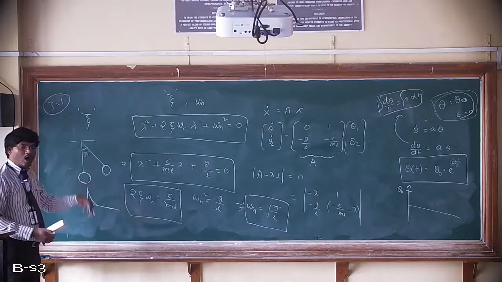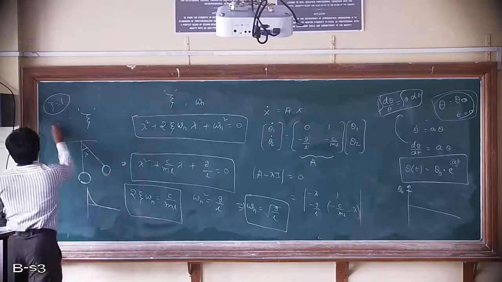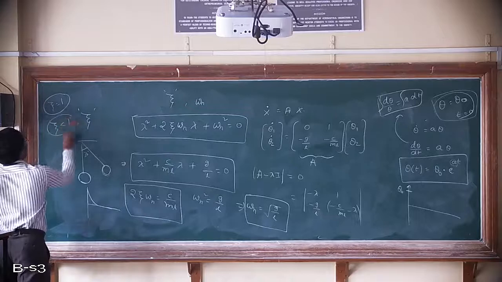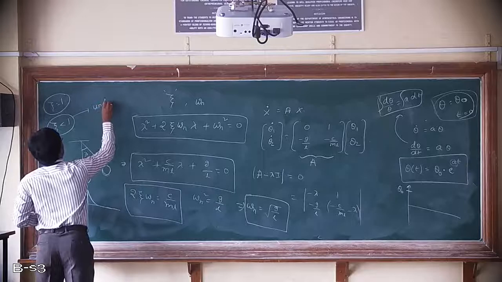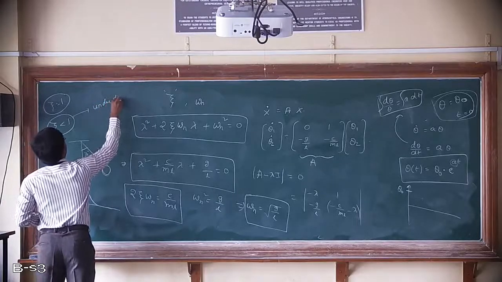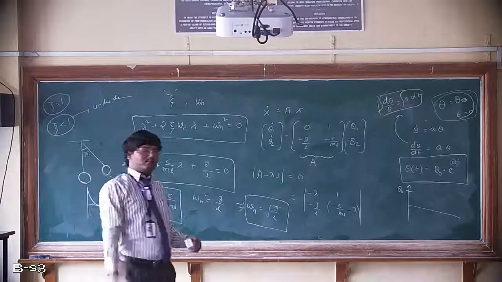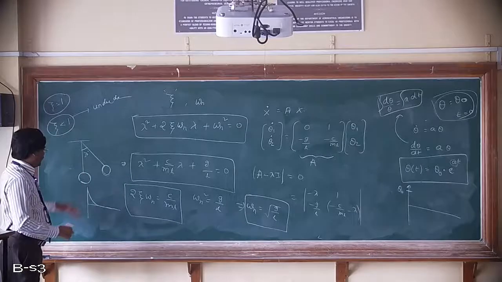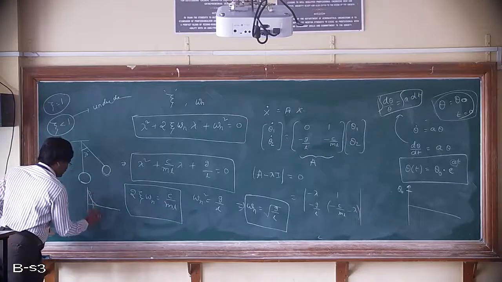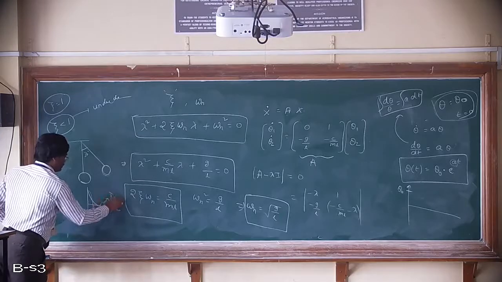There is no oscillations. So when your zeta is less than 1, at the time this is called as underdamped system. In that case, when you are taking underdamped system, you will get oscillations.